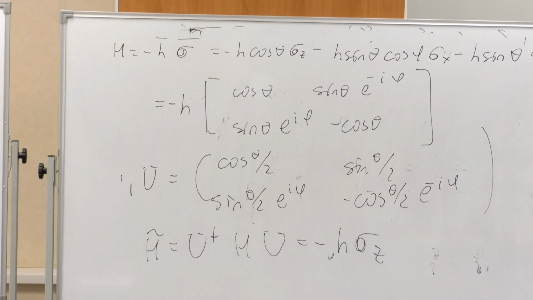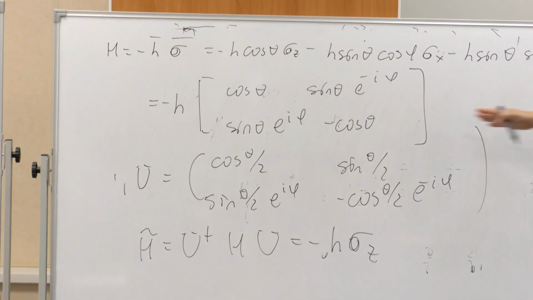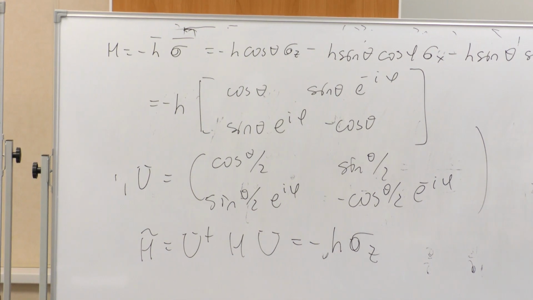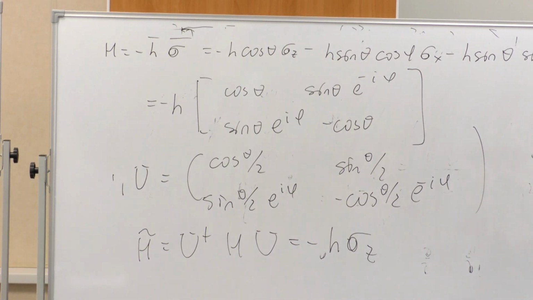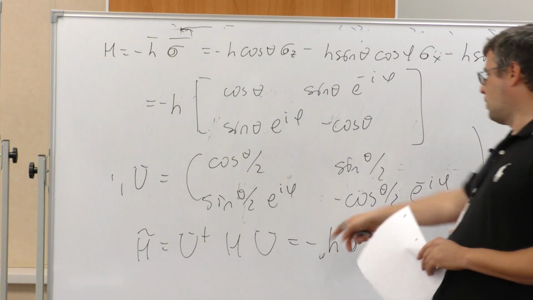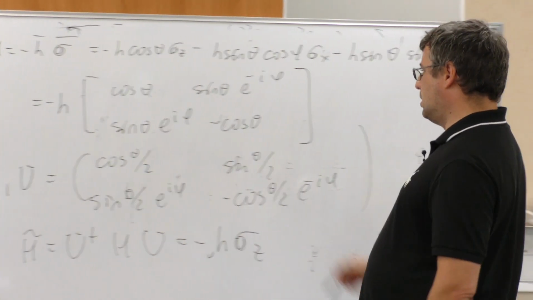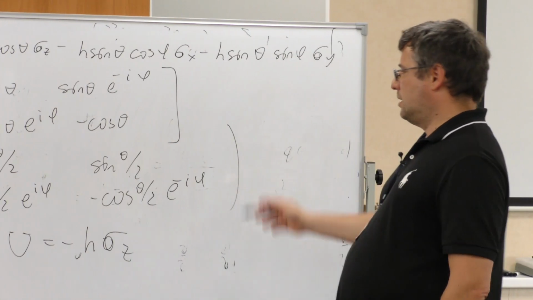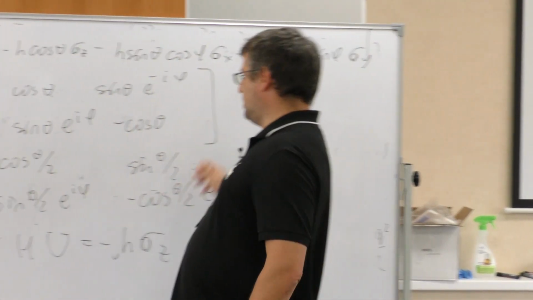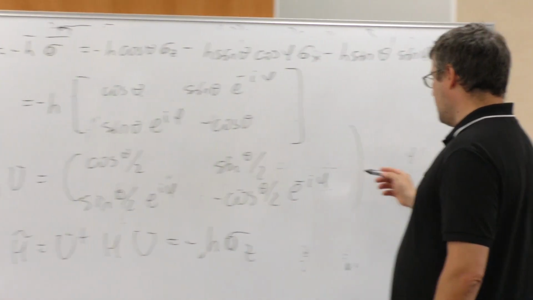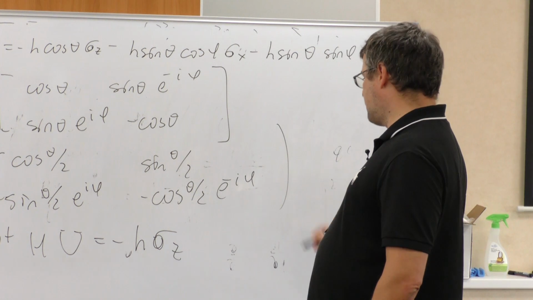So this is just a rotation which diagonalizes the Hamiltonian. And of course, the components of U also define my eigenstates. So this will be the ground state, and this is the excited state.